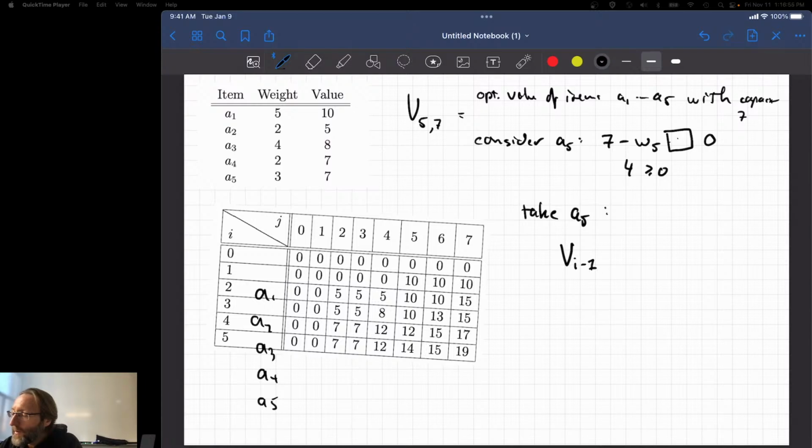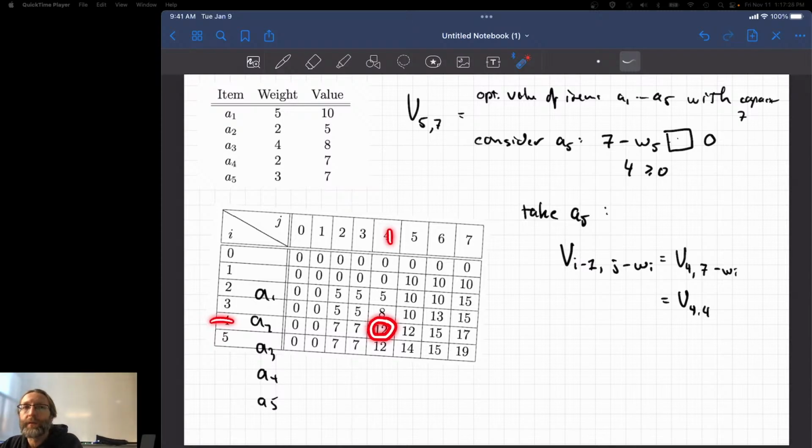V sub I minus 1, J minus W of I is equal to V sub 4, right, because I is 5, right, and J is 7 minus W sub I. That's equal to V sub 4 and 4, which is going to be 4 and 4 right there. There's where the 12 comes in.